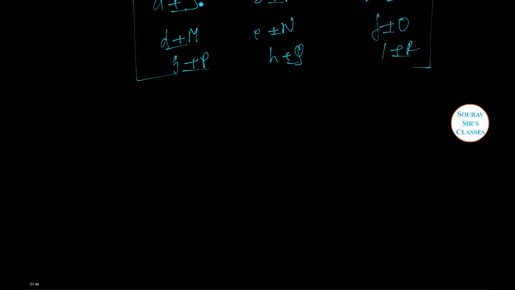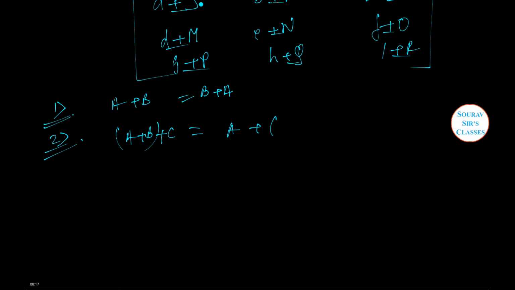Now we'll learn about some basic properties of matrix addition. Matrix addition is commutative. That is, A plus B is equal to B plus A. Second property is that it is associative. If A, B and C are three matrices of the same order, then (A plus B) plus C is equal to A plus (B plus C).